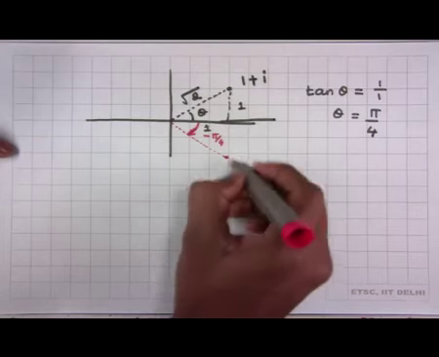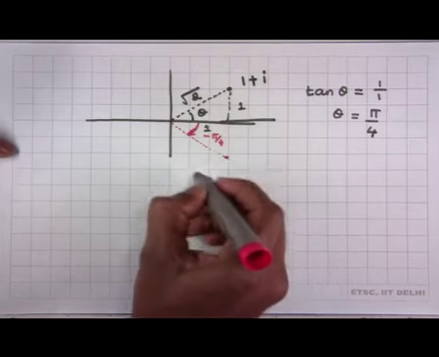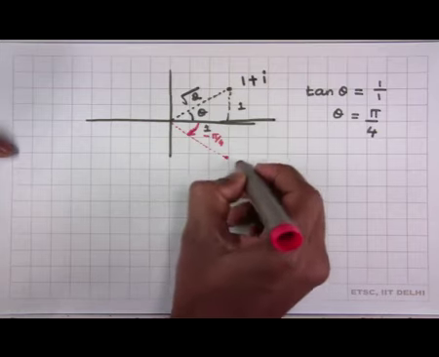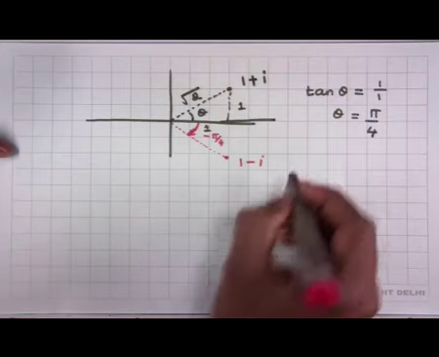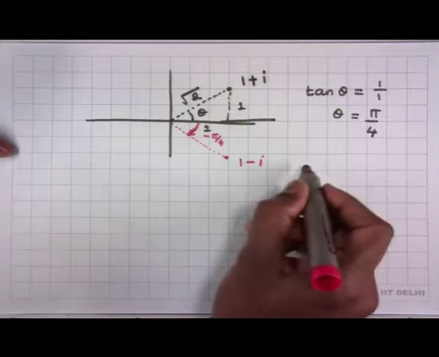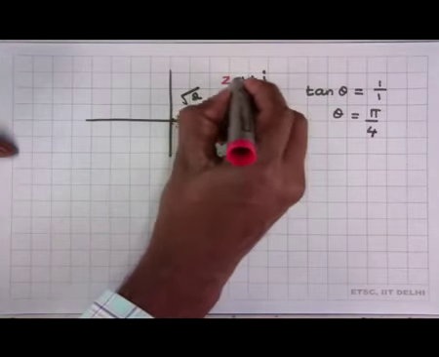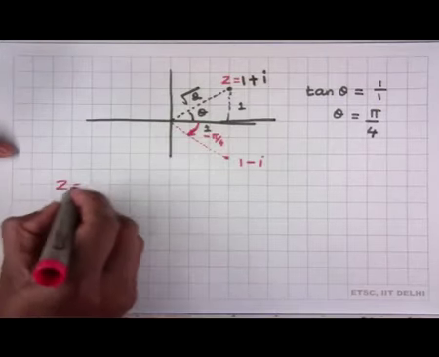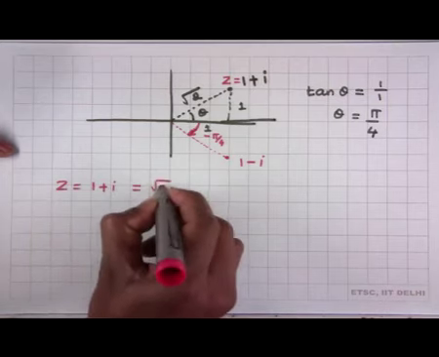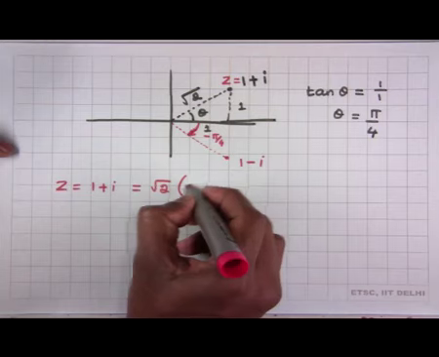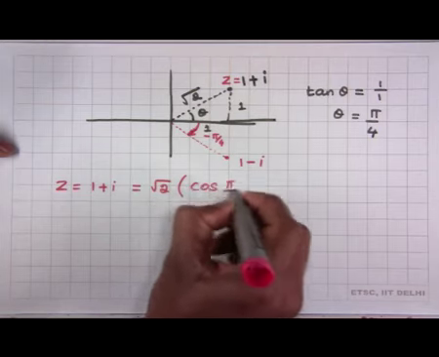If we do the reflection, this will give us the z bar, which is 1 minus i, but let us see whether it is consistent with the polar representation. I started with z as 1 plus i. The polar representation has r as root 2 and the angle pi by 4.